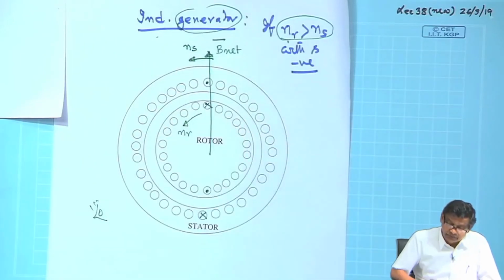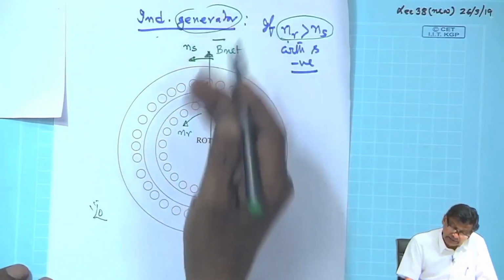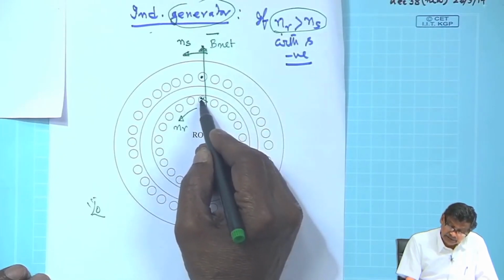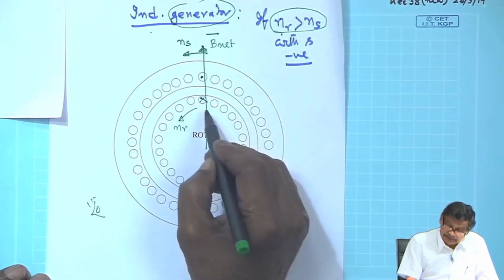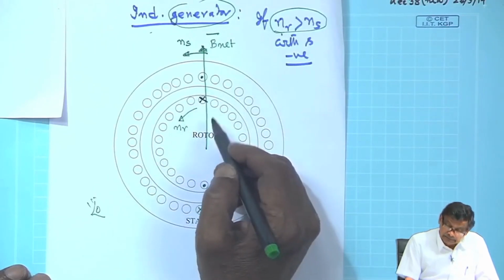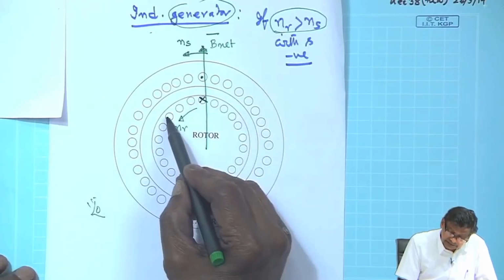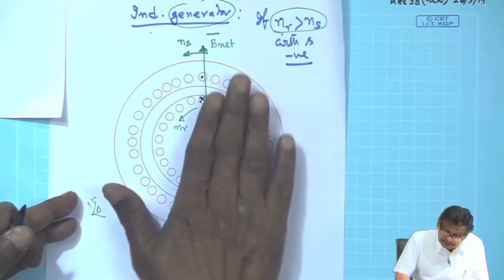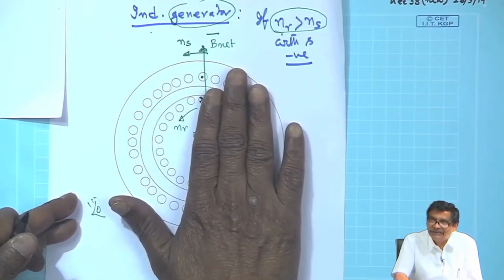That is, in this case the conductor is still inductive, it is having induced voltage. Now, a conductor on the left side has already seen the maximum induced voltage here.